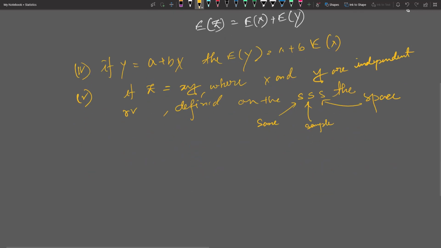Don't be doubtful, doubt will kill your energy. Then expectation of Z is equal to expectation of X into expectation of Y.